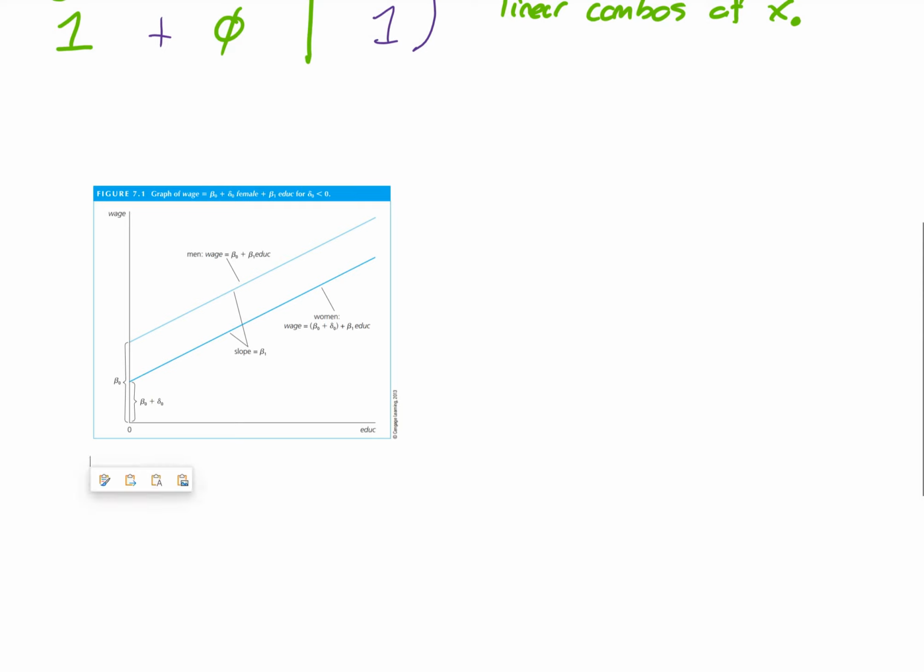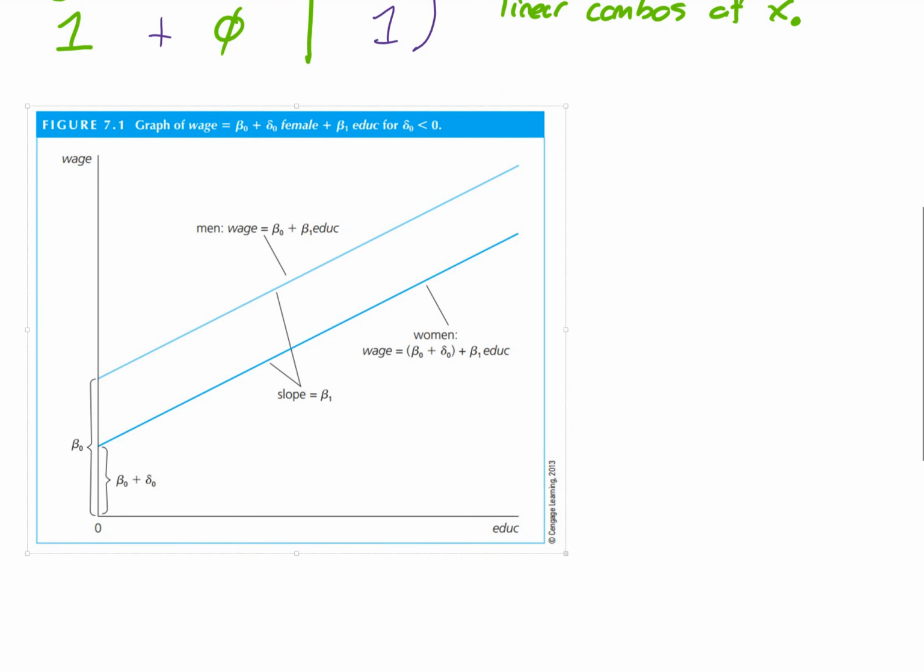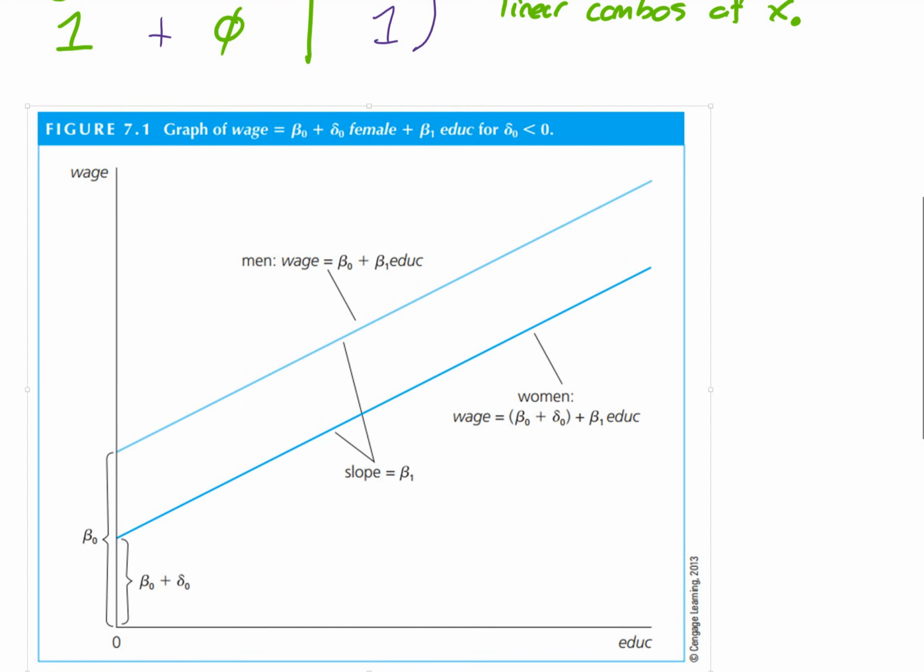I'm going to show you an example from our textbook. Let's make this a little bigger. All right, so this is our example from our Wooldridge text. If you look at the top here, you can see what we're running. We're running a regression to see how female and education affect wage.